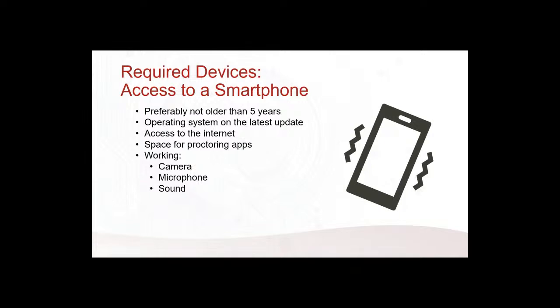So you need a phone that's preferably not older than 5 years, where the operating system is up to date, have access to the internet, and make sure it's got space. We know you like taking pictures and all of that, but these proctoring tools also require space to save the recordings and the images that you take. So make sure that your phone has enough space for it. In addition to that, a working camera, microphone, and sound.